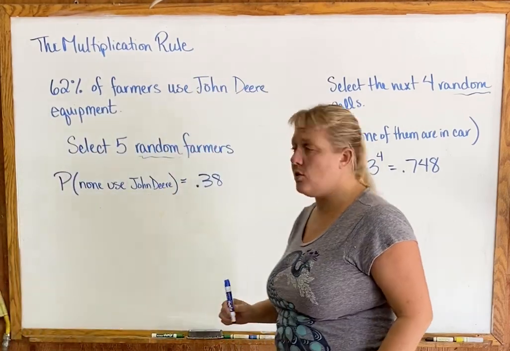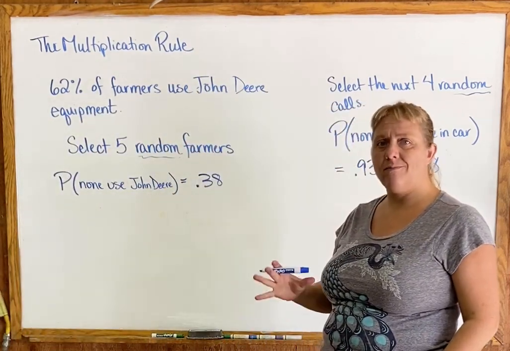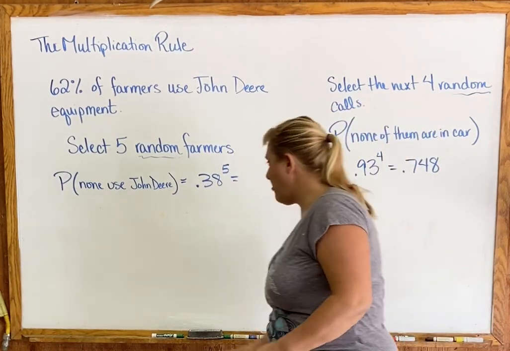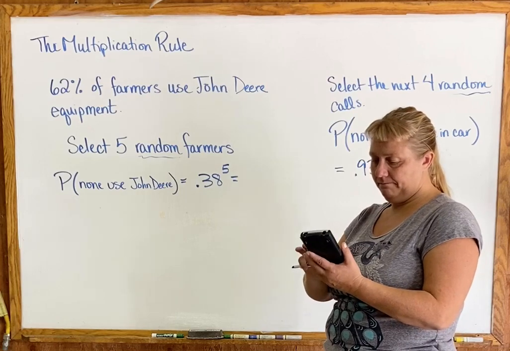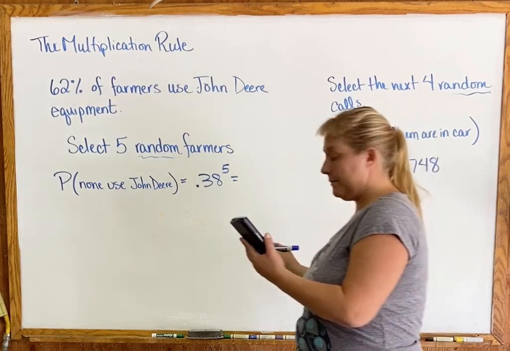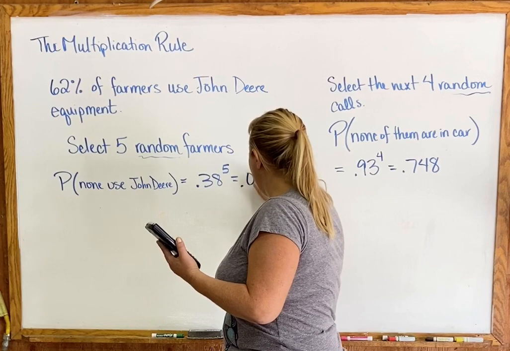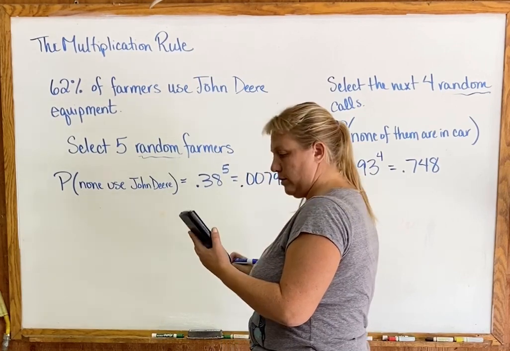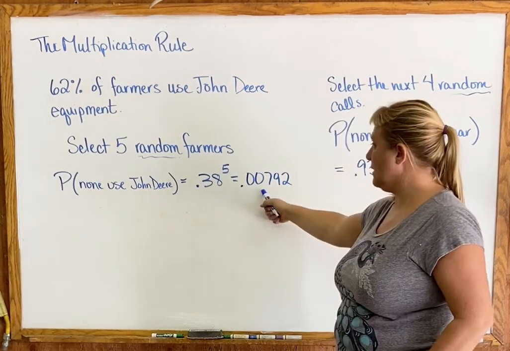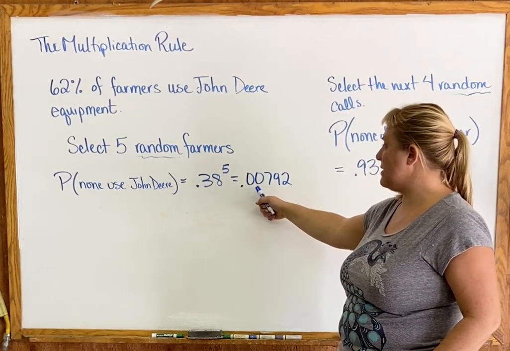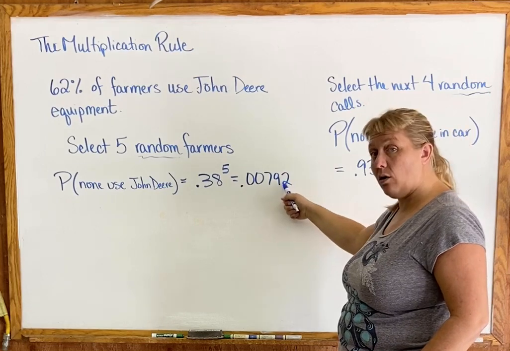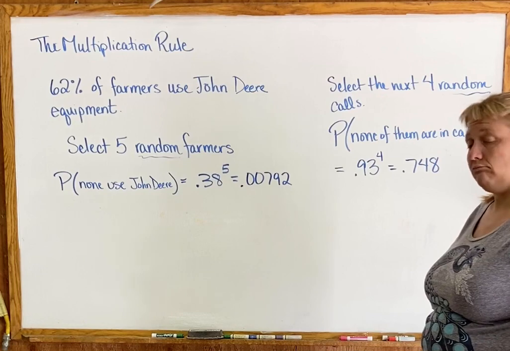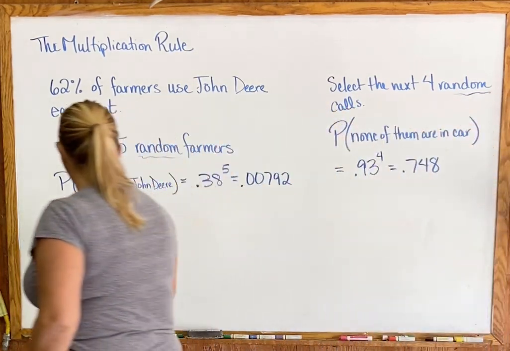But how many times are we going to do that? How many farmers are we talking to? 5. So we're going to go 0.38 to the 5th power. And here I got 0.00792. Okay, so again, very small, less than 1%. Okay, 0.00792, and notice how I went all the way out. I didn't leave the zeros. Okay, all right. Next question.